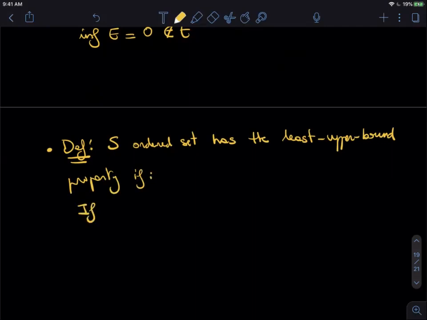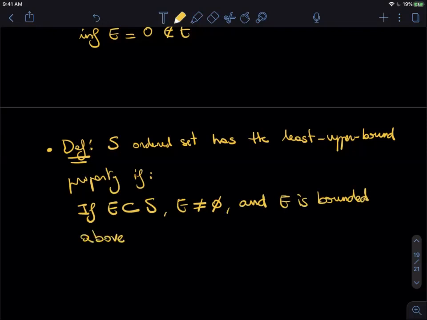If E is a subset of S and E is non-empty, this crossed circle means empty set, the set with no elements, so E is not empty, and E is bounded above, then the supremum of E exists in S.